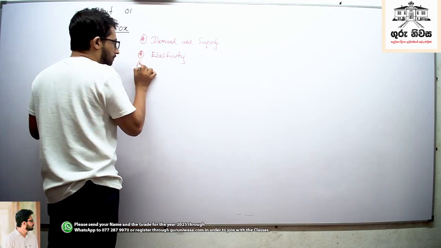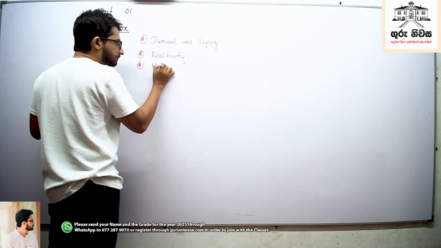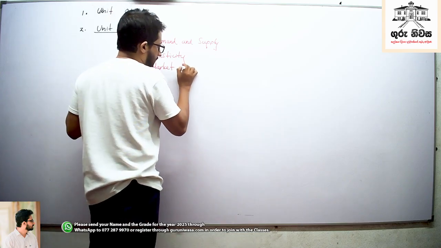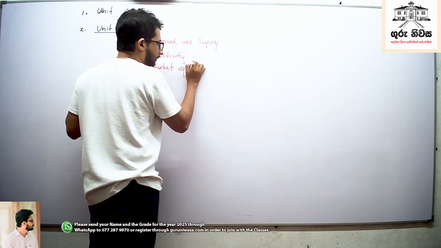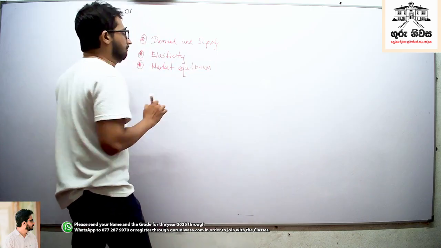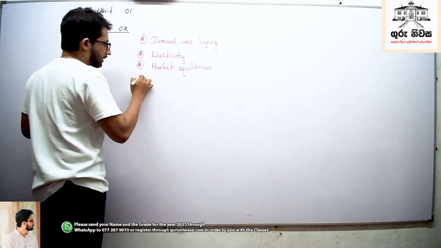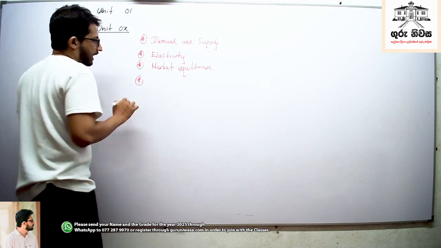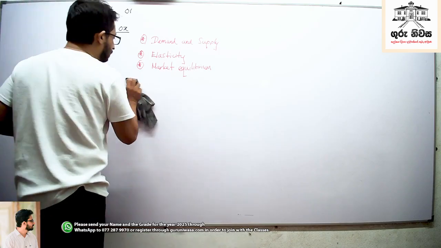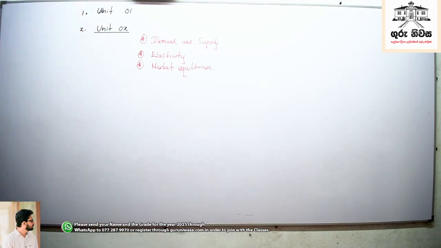Third one, market equilibrium. These three points are discussed under the second lesson. Unit number 2 means these three areas. Remember these three areas.